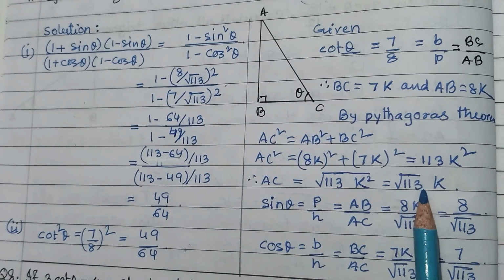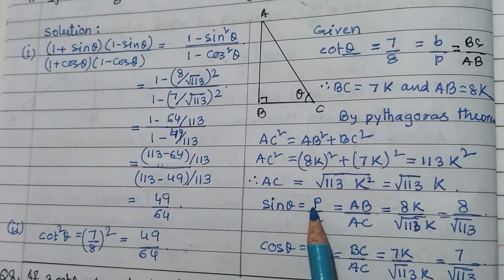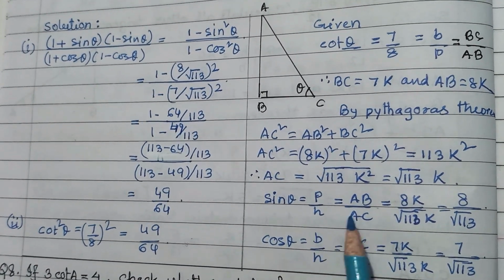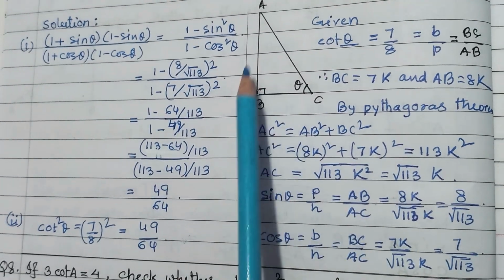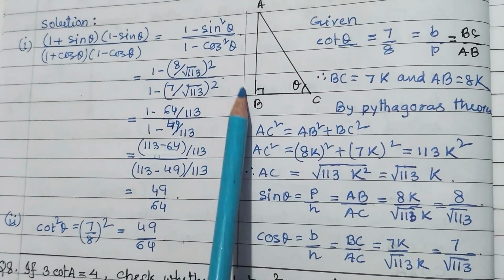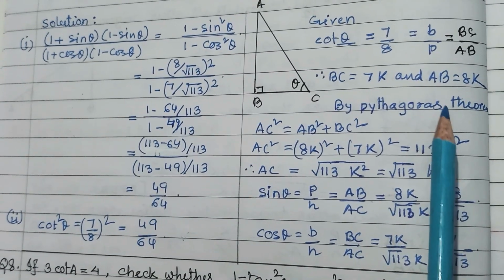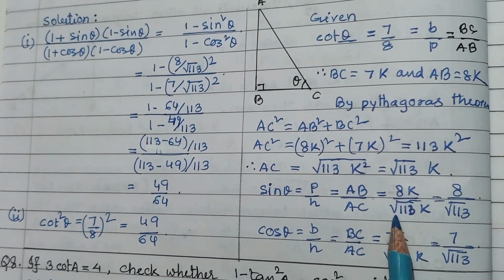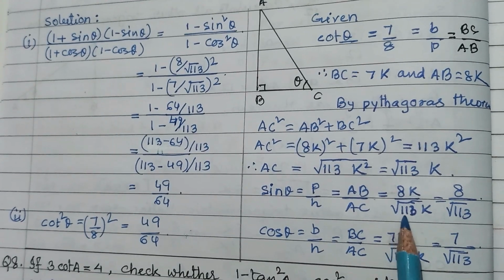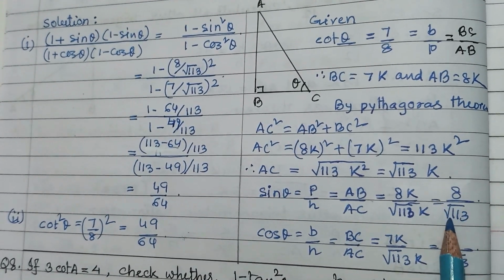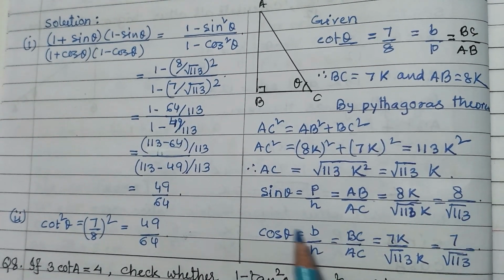AC we have got. Now, sin theta is equal to perpendicular upon hypotenuse, so it is AB upon AC. Next, put the value: AB is 8k and AC is under root 113k, so it is 8 upon under root 113.